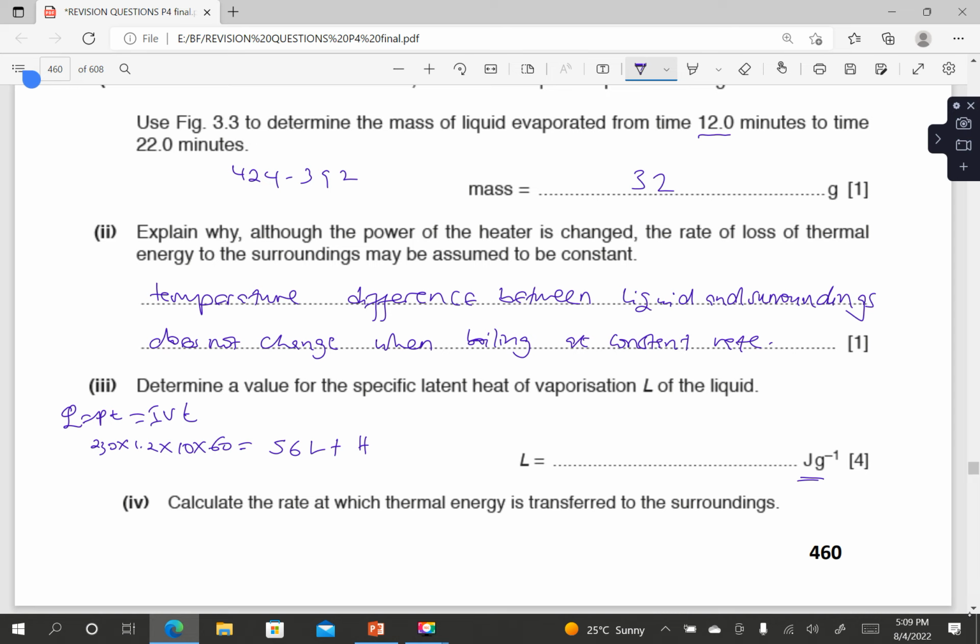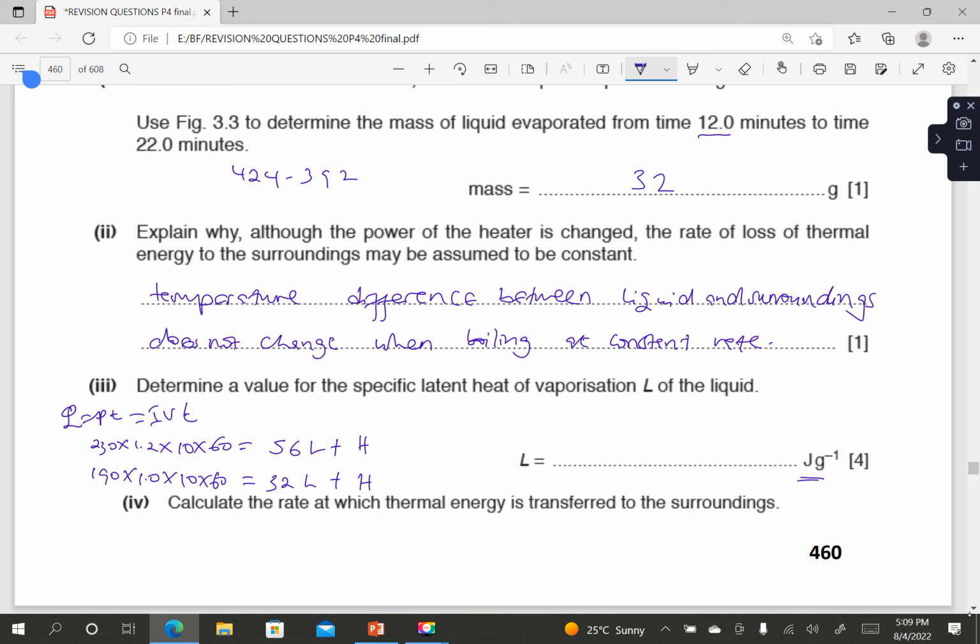Then for the second attempt, I have 190 times 1.0 from the table, times the time, which is between 12 minutes to 22. I think that is another 10 minutes. So that would be 10 again times 60. This is the mass which I've obtained, 32 grams, times the latent heat of fusion plus the heat lost to the surrounding.